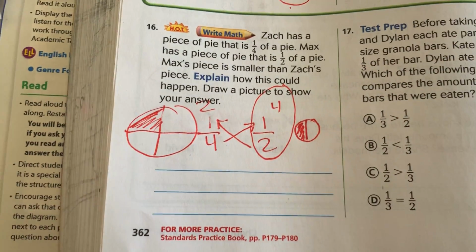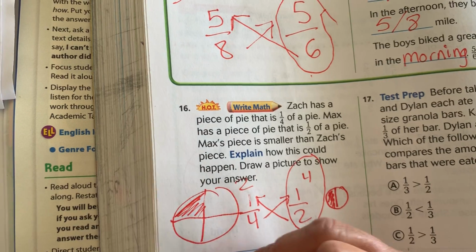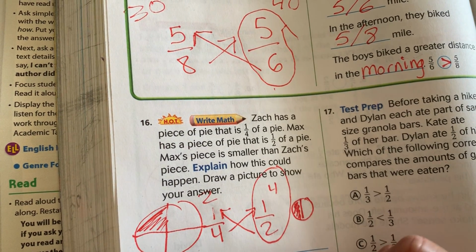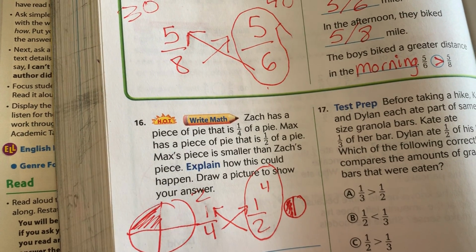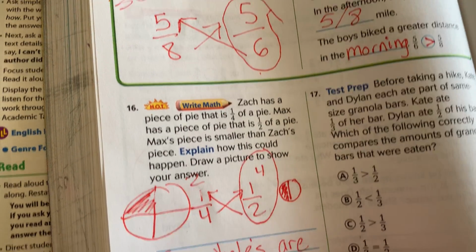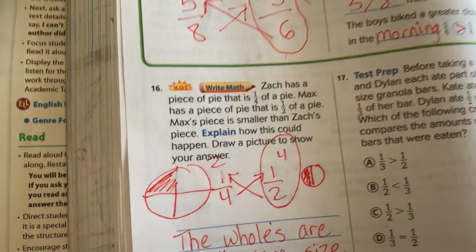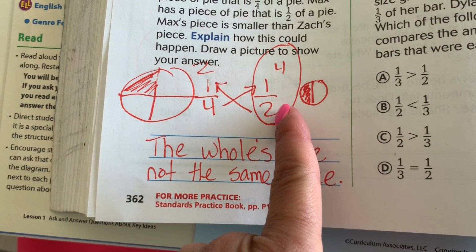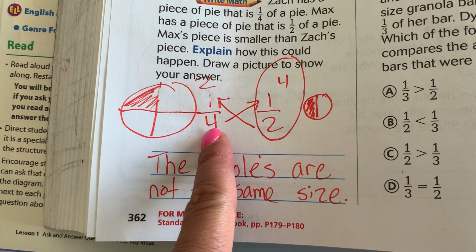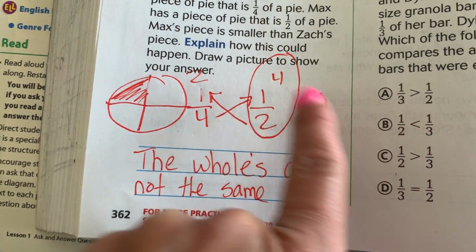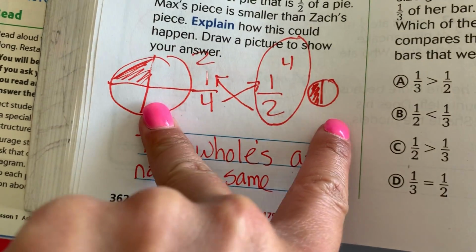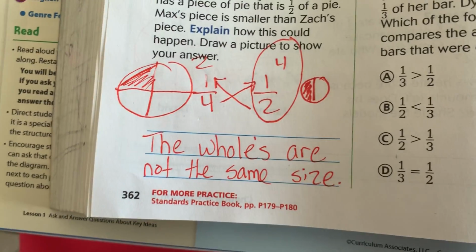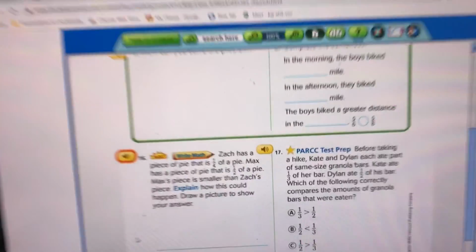Well, what they want you to see is that the holes are not the same size. Okay, so the only way you can make that mistake, because we know that 1/2 is bigger than 1/4. However, if you were to draw the pictures like this, the holes are not the same size, so you can't compare them. So that would be the only way that you can make that mistake. That one was a little tricky. Let's go to the next one, 17.